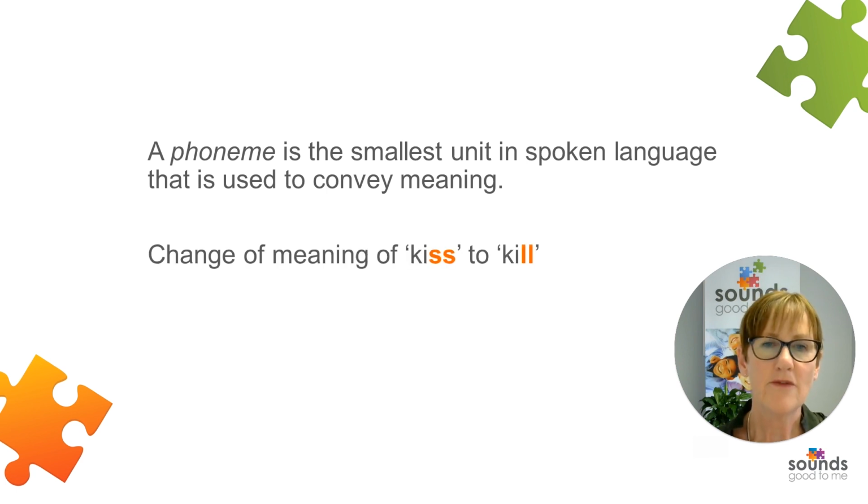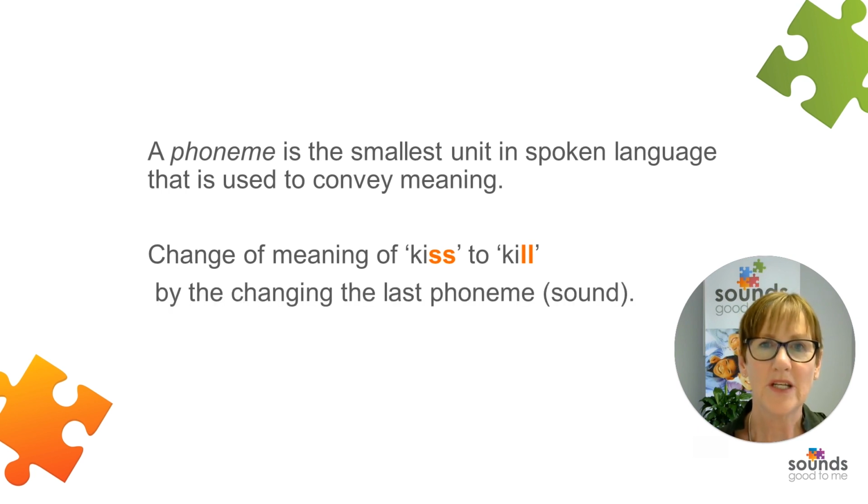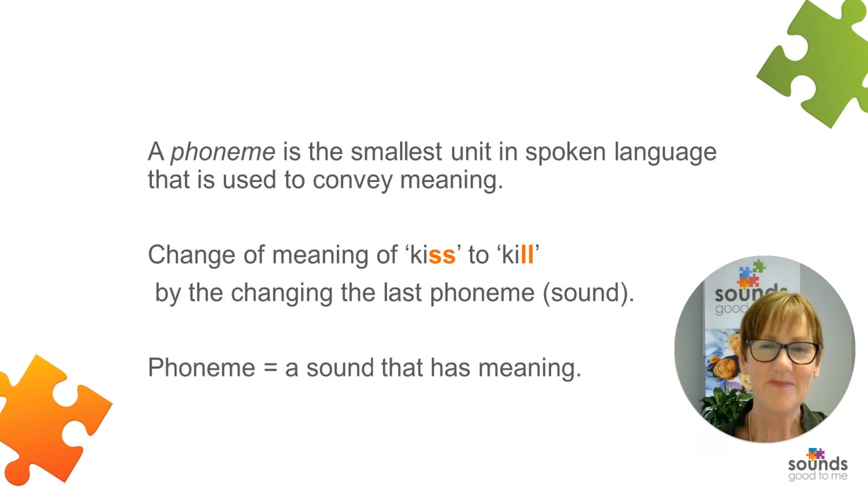So if we want to change the meaning of the word kiss to the word kill, we do it by changing the last phoneme or sound. So by changing the s in kiss to an ul, we get the word kill, which has a totally different meaning, of course. So for our purposes, a phoneme is a sound that has meaning.